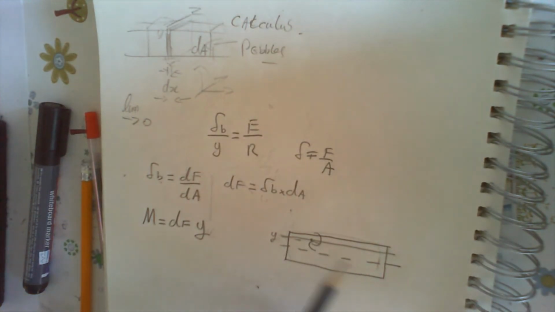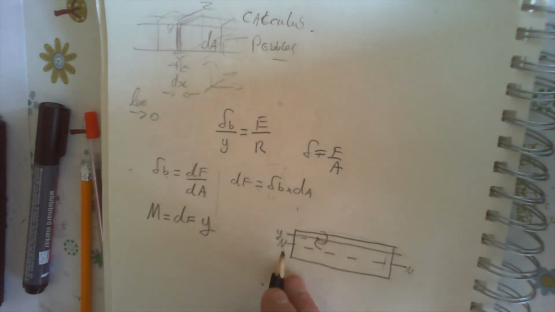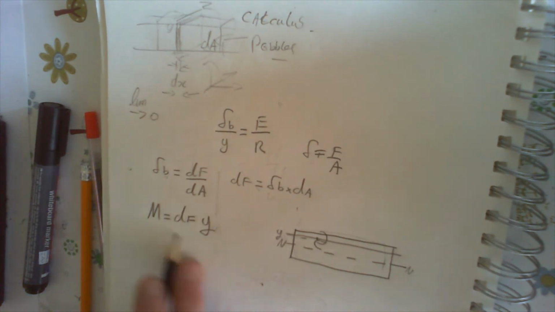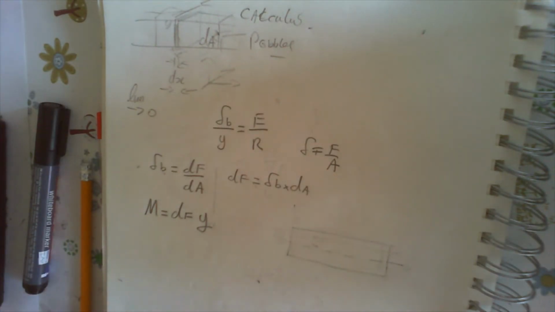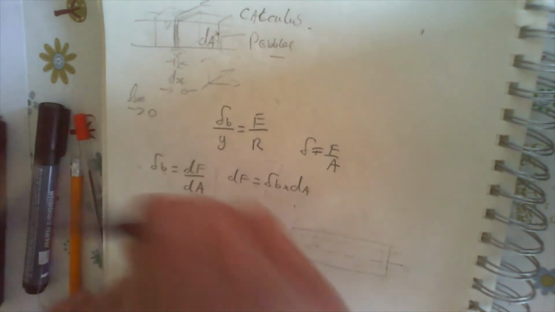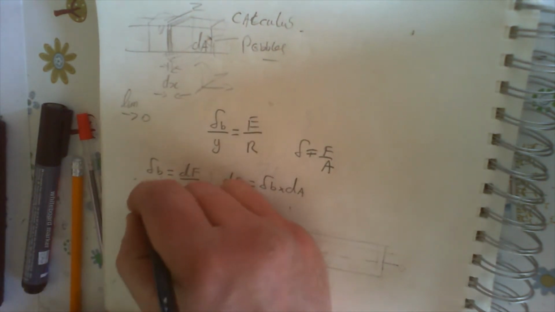Remember, on a beam you have your neutral axis, and the y distance from there will be multiplied by the force, just like you would do when you take moments normally. Also, this wouldn't be a capital M here because this is smaller.